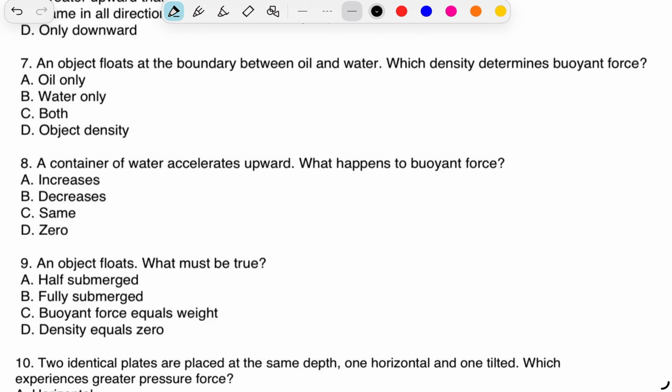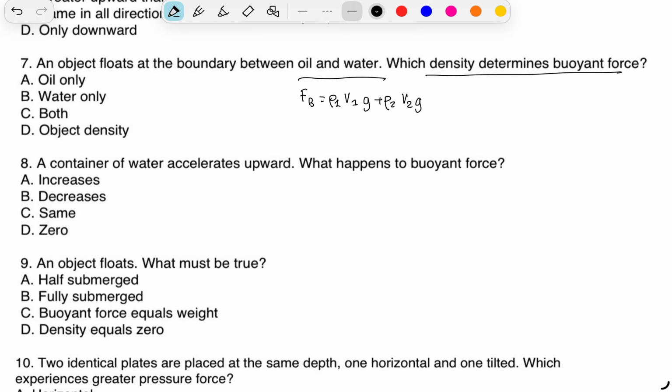An object floats at the boundary between oil and water. Which density creates the buoyant force? Your buoyant force can be represented as the density of your first fluid times the volume displaced in the first fluid times g, plus the density of your second fluid times the volume displaced in the second fluid times g.